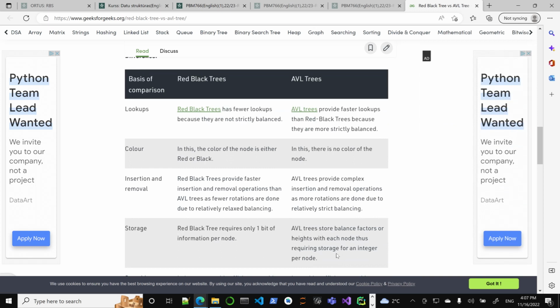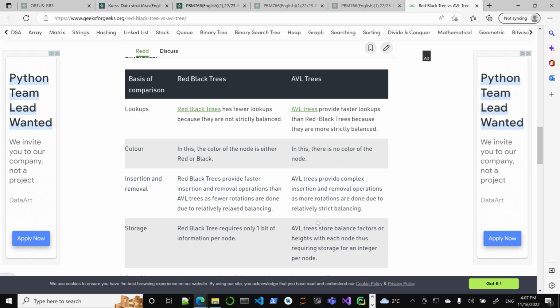AVL, you need the balance factor, so technically 2 bits. That's why you can't trust GeeksforGeeks completely. You can do 2 bits, but memory is getting cheap these days, so maybe you can spare an integer. Or depending on your height, if the maximum height is 256, you could store the height, or you could store -1, 0, or 1.